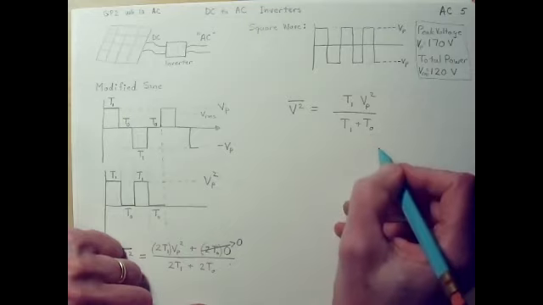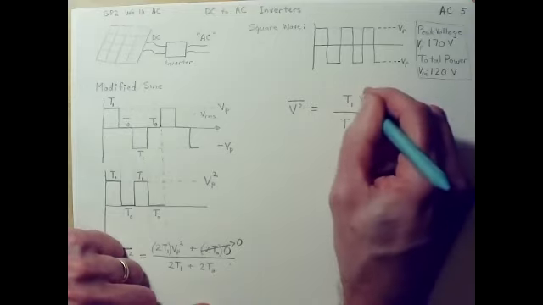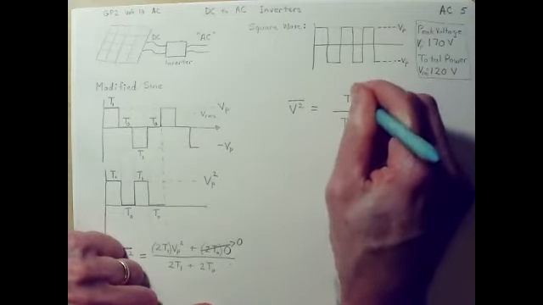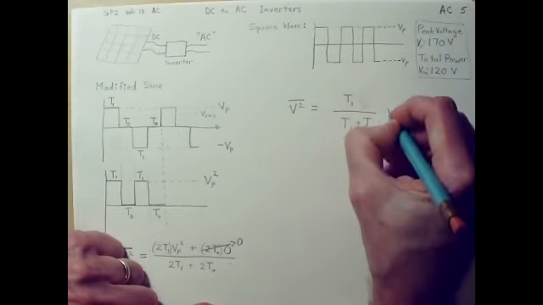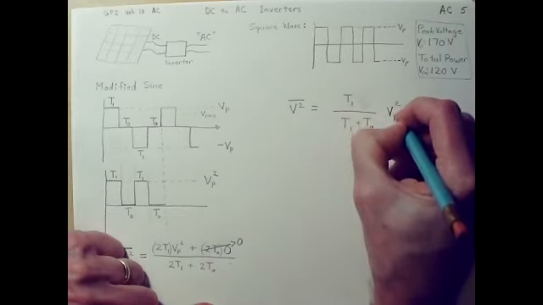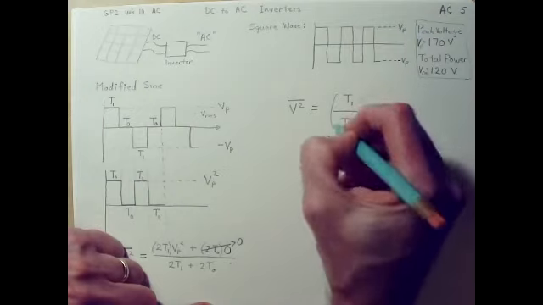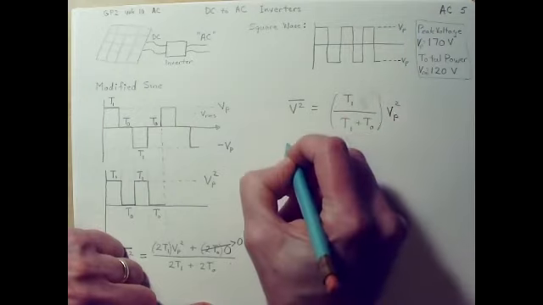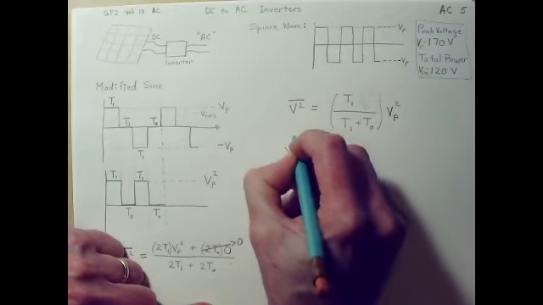The next thing to do is to compute the square root of this thing. I'm going to rewrite this in just a little different form. I'm going to put the VP squared out here. It'll be a little easier to see what's going on if I do it that way. So now what we have to do is find the square root of V squared bar.